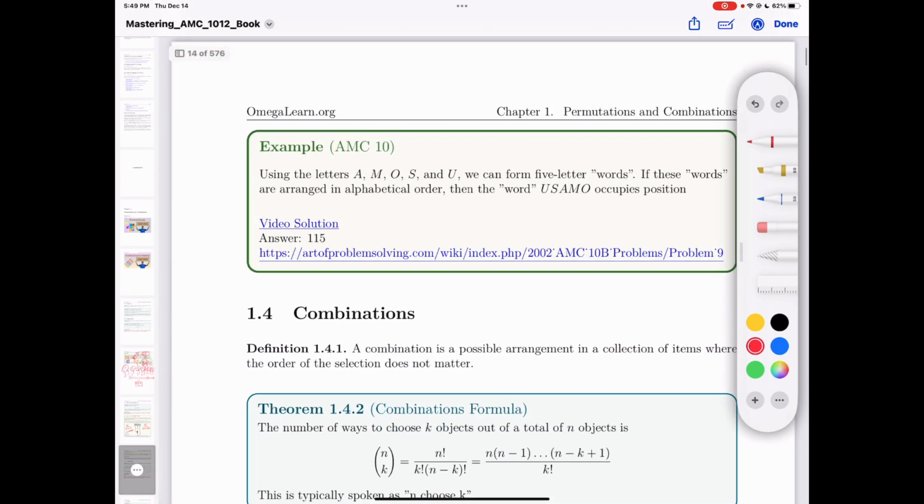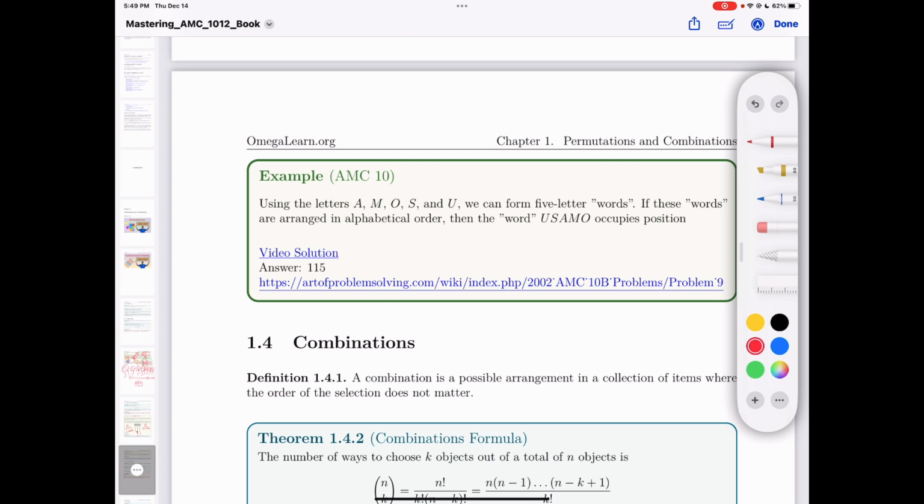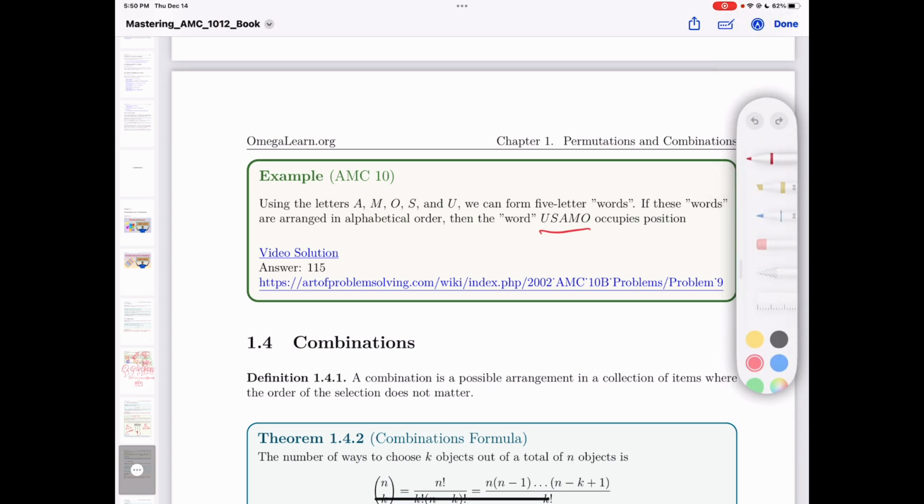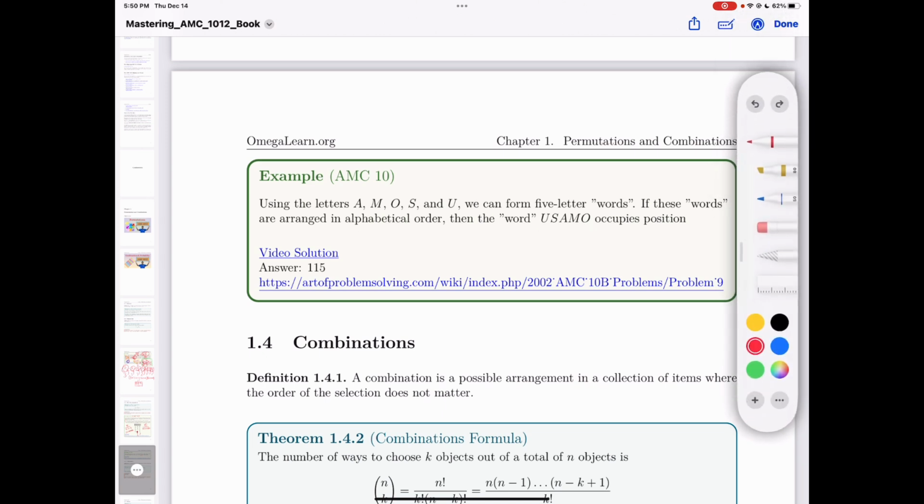Alright, let's do an AMC 10 problem. It's hopefully easier. The letters A, M, O, S, U form 5-letter words. If these words are arranged in alphabetical order, then the word USAMO, the USA Mathematical Olympiad, occupies position... Then the word... oh, I see.